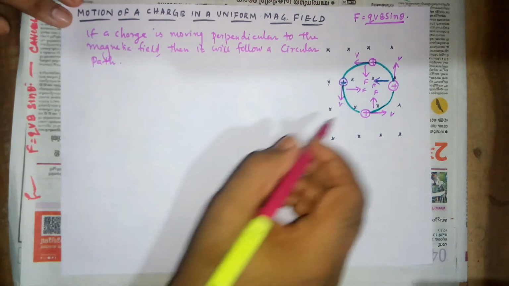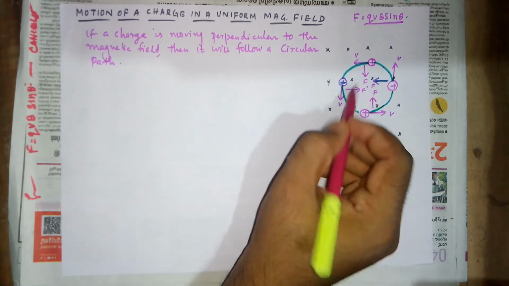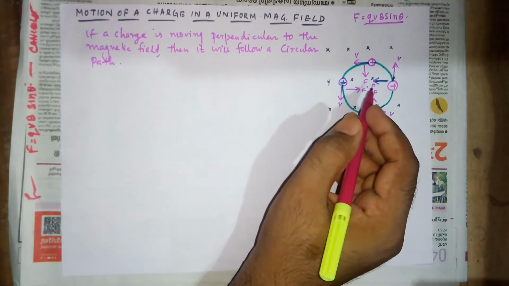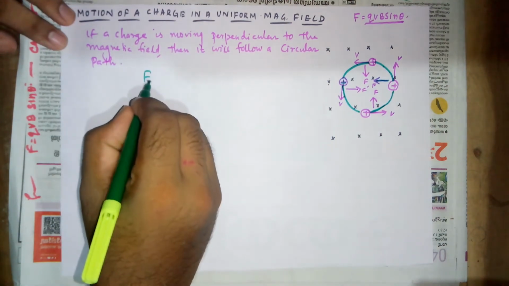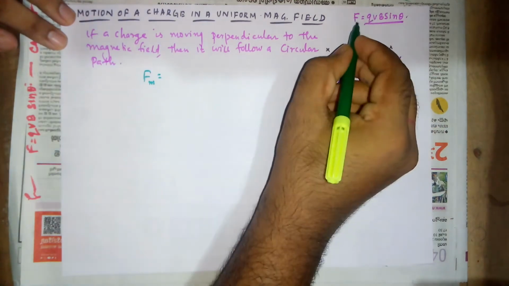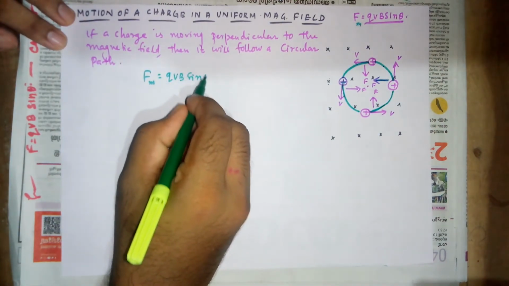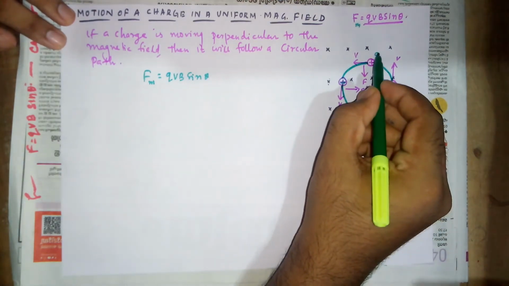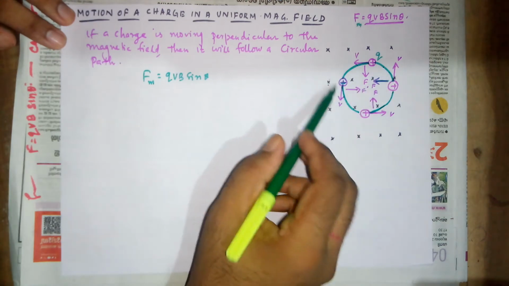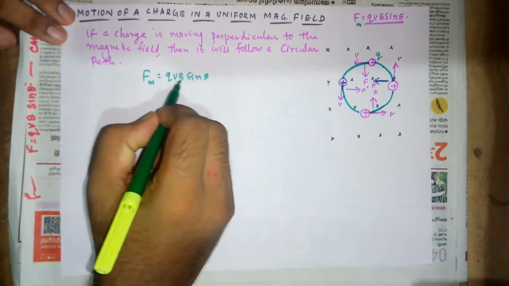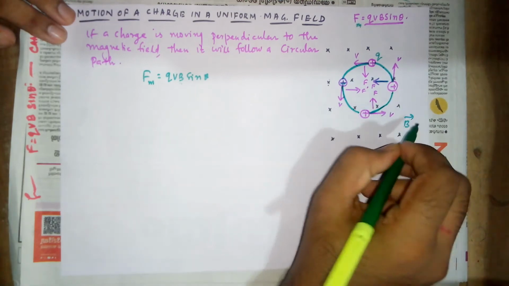Now, we have seen the direction: it always points towards the center of the circular path. And how much will be the magnitude of the force? F magnetic, we have written it here, that is QVB sine theta. What is Q? Q is the charge. What is V? V is the linear velocity with which the charged particle is moving. What is B? B is the intensity of the magnetic field in which the charged particle is moving.